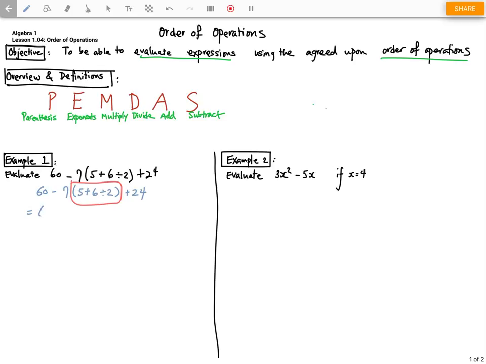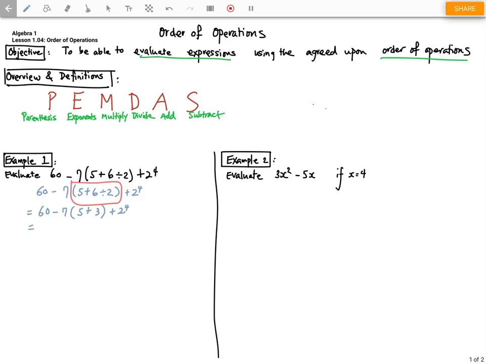So let's try to simplify this expression a little bit more. 60 minus 7 times parentheses 5 plus 6 divided by 2 is what? 3. Close parentheses, plus 2 to the 4th power.